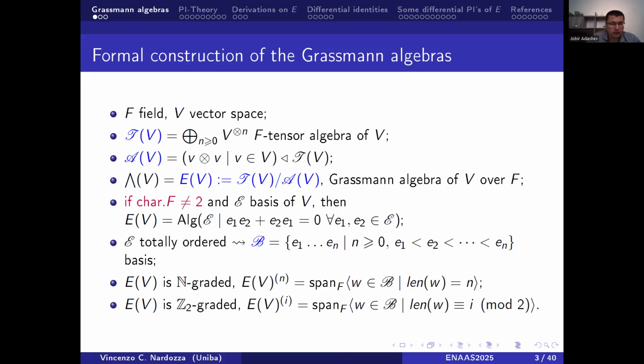The Grassmann algebra inherits the Z grading, or better, the N grading of the tensor algebra, but more important is the Z2 grading inherited by this structure, splitting it into two components of degree 0 and of degree 1. So the even and odd components are spanned each one by the vectors of the basis, the fixed basis, of length even or odd, respectively.